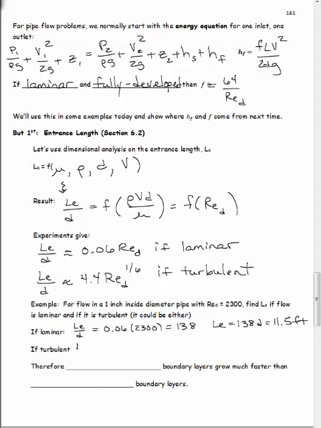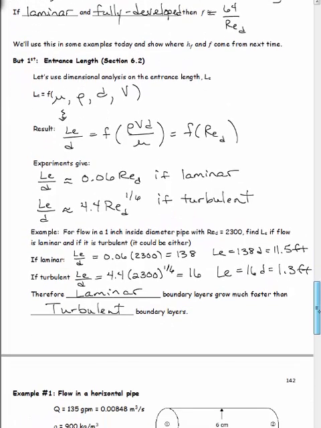If it's turbulent, our entrance length, remember that's the area before the boundary layers meet, before it becomes fully developed, is 4.4 times 2300 to the 1/6 power, which equals 16. So our entrance length is 16D, which equals 1.3 feet. All right, so therefore the laminar boundary layers grow much faster than the turbulent boundary layers.